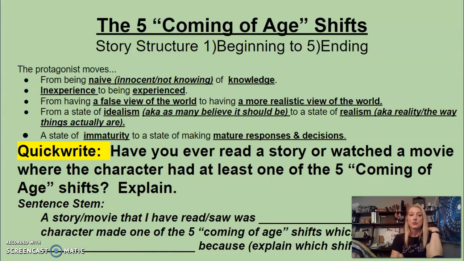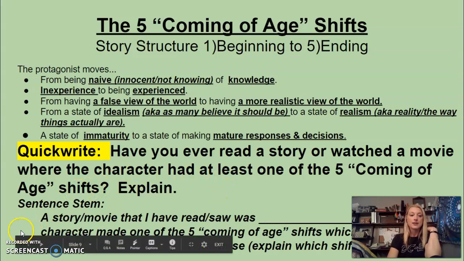Maybe you've experienced one of these 5 shifts: naive to knowledgeable, inexperienced to experienced, false view to a realistic view, idealism versus realism, immaturity to maturity. So go ahead and stop this video and get to writing on your note catcher.